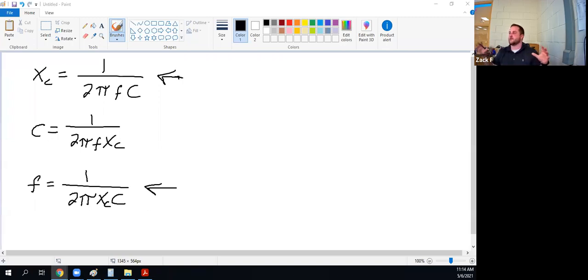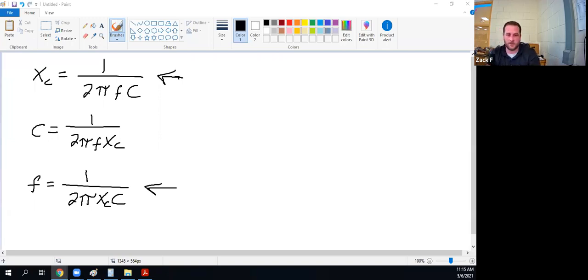Basically what I'm trying to say is everything that we've gone over so far is what you need to know for the final. There are a couple more questions that deal with old stuff that I don't really care if you know or not, so they're extra credit. Like parallel capacitances and series capacitances and phase angle. You have enough knowledge to do them, but what we've gone over so far is a lot of math.